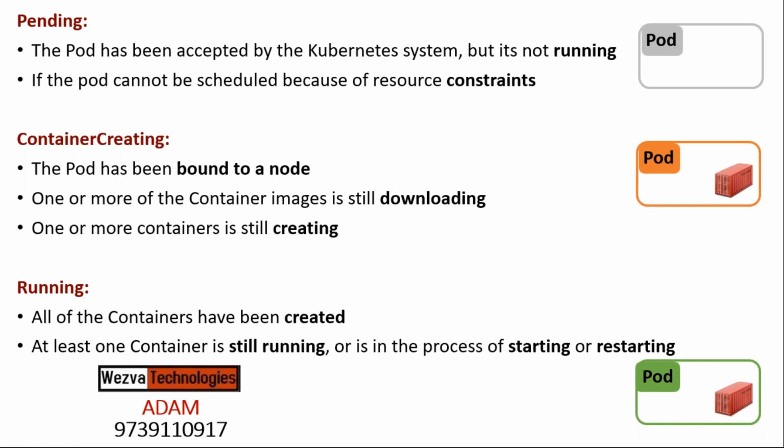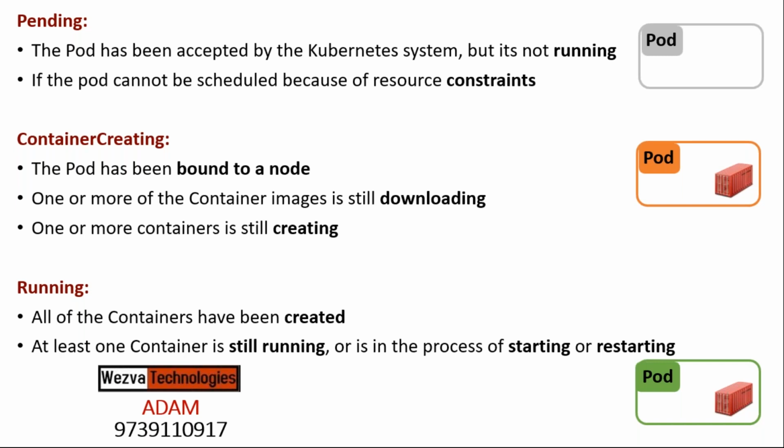In simple words, if you see a pod in the state of container creating, understand that somewhere the pod has not created the container successfully. Once again, there could be various reasons, like the image is not getting downloaded, or the image is not available, or there is some problem with the container creation. That is when we will have this state. However, we will get deeper into that a little later.